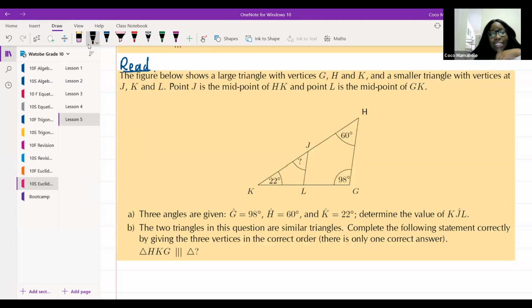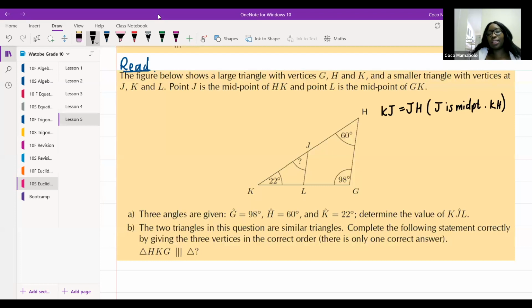Inganati is asking, is the answer 60 degrees? Yes, but we need to work to get there, because all they've given us is a triangle. We still need to use the midpoint theorem before we get there. So we need to first say that KJ is equal to JH, and the reason is because J is the midpoint of KH.